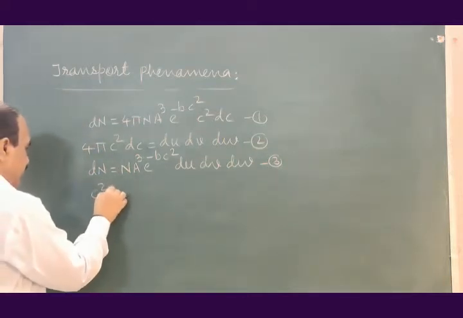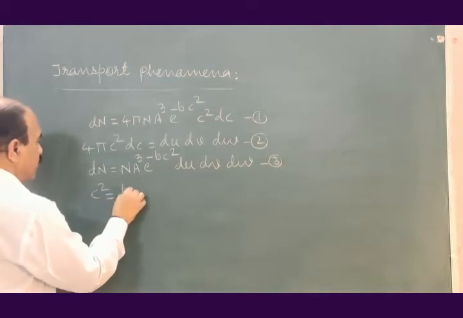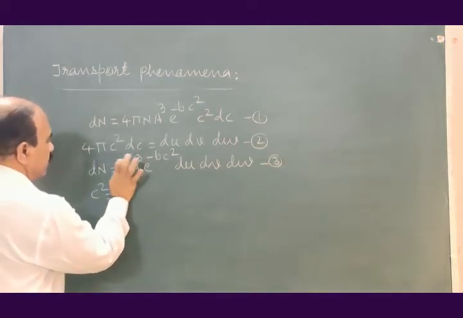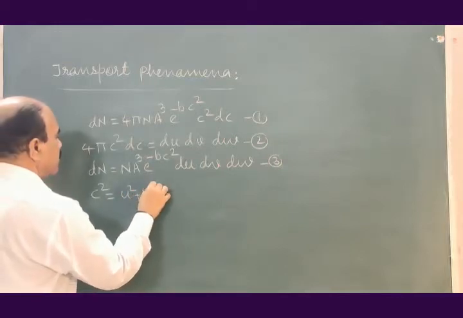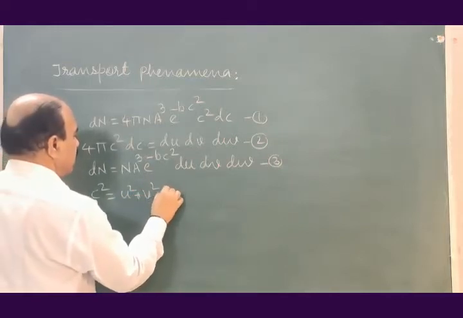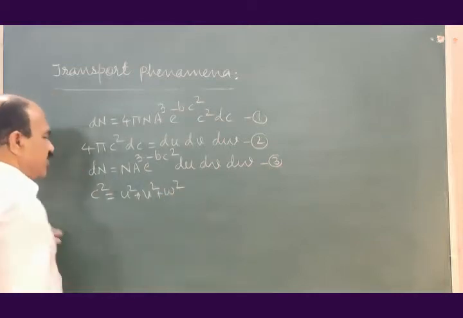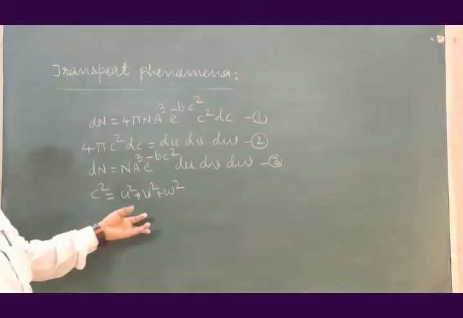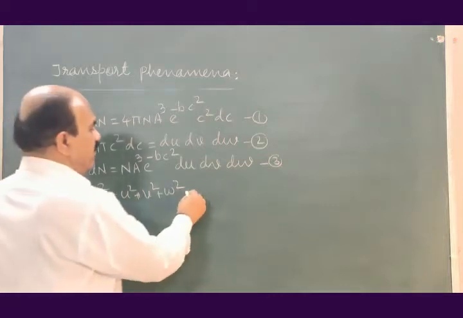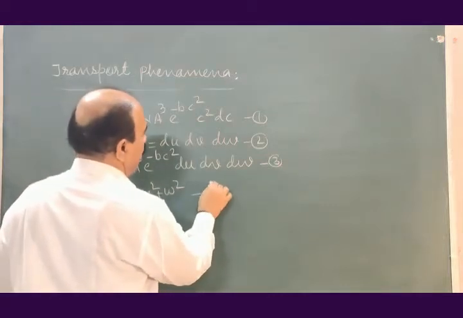But c square is equal to u square plus v square plus w square, equation number 4.